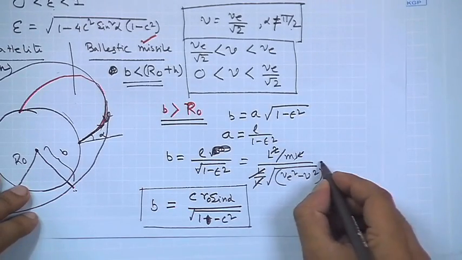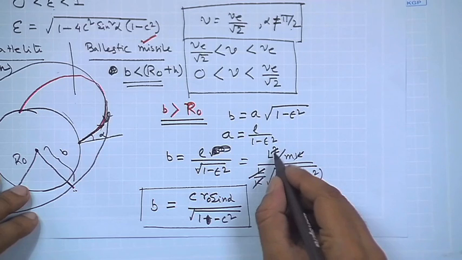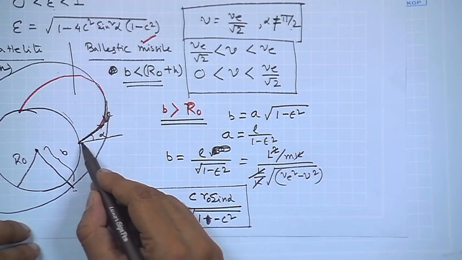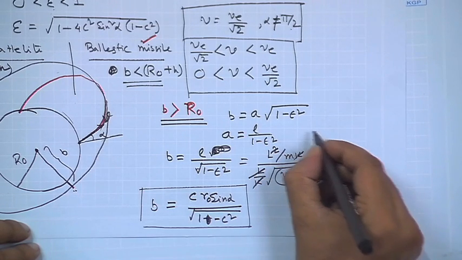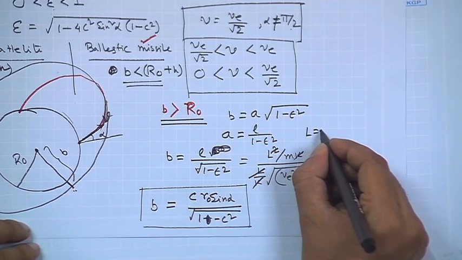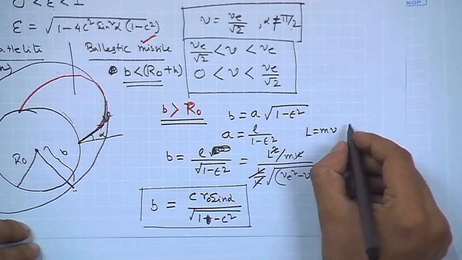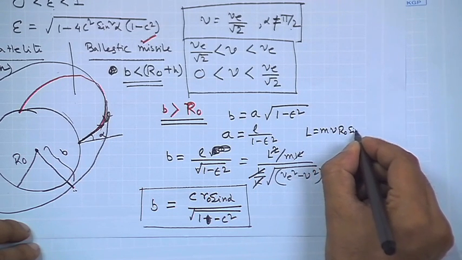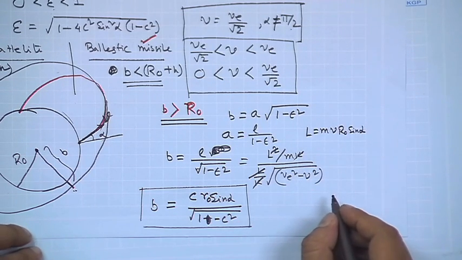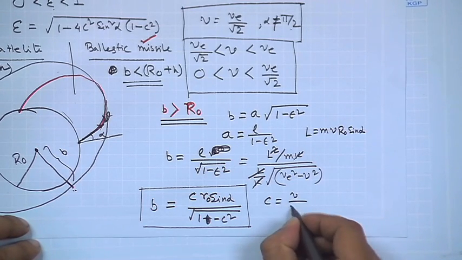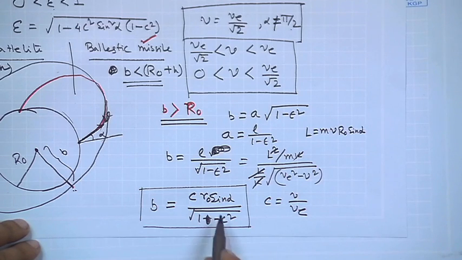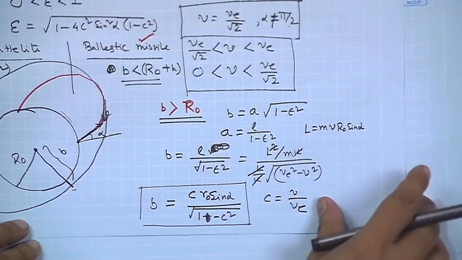All you need to do is substitute, since you are initially launching at a velocity v with an angle alpha, L equal to m v r 0 sin alpha into this expression, and you have to write C equal to v by v e. You immediately get this expression that B is equal to C r 0 sin alpha into root over 1 minus c square, right.